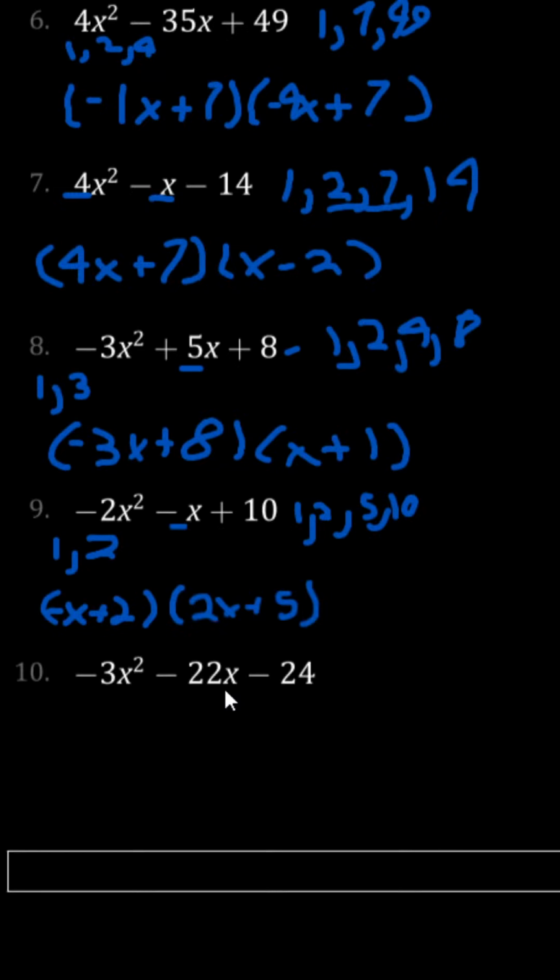I don't think we're going to be using 1 and 24. We could be doing 8 and 3. I don't think that's the combination either. Could it be though? Oh, we also have 12 and 2. I don't think that's going to be used either. So how do we get this big negative?